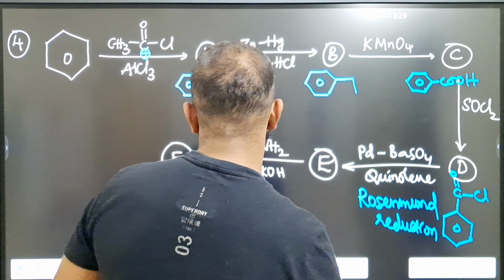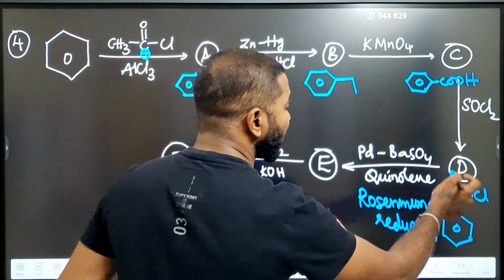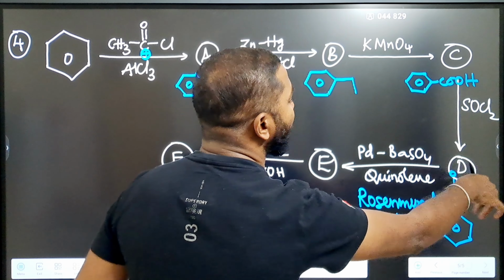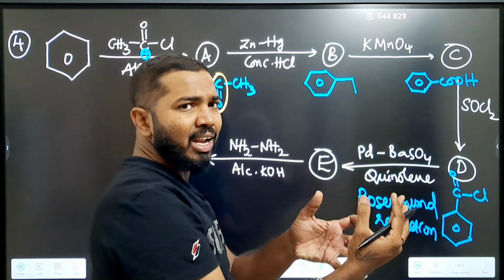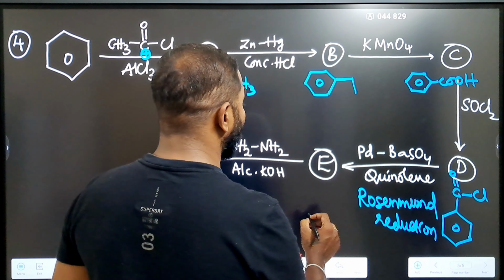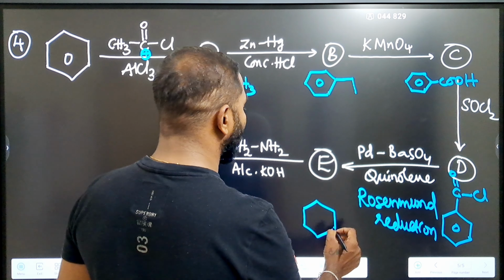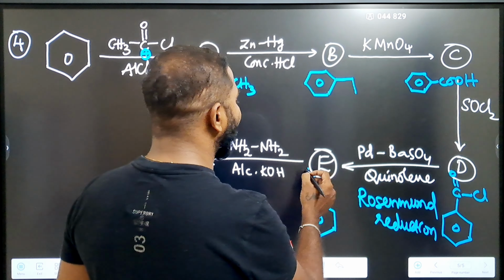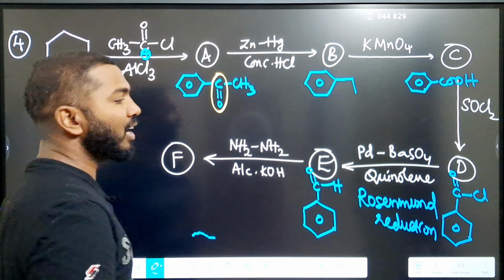So this is actually Rosenmund reduction, where this particular acid chloride, RCOCl or RCOX, the acid chloride group will get converted into aldehyde. Then it will get converted into benzaldehyde. So we are going to get benzaldehyde here.